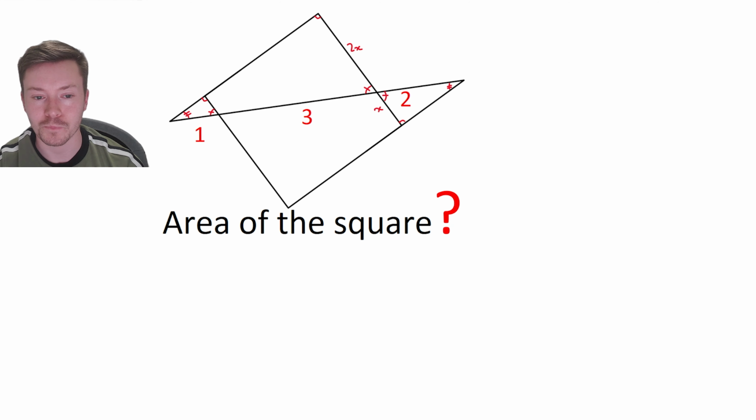Now I need to find another way of finding corresponding sides. Because I've got this square involved here, 3x must be the same as another side of the square.